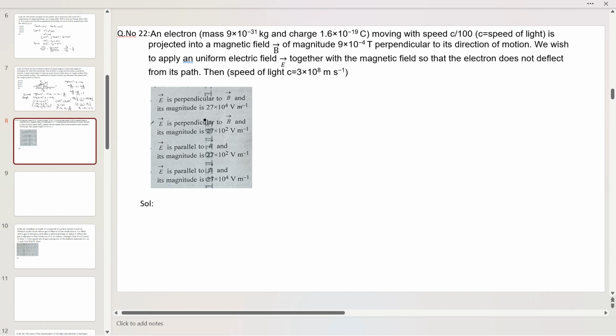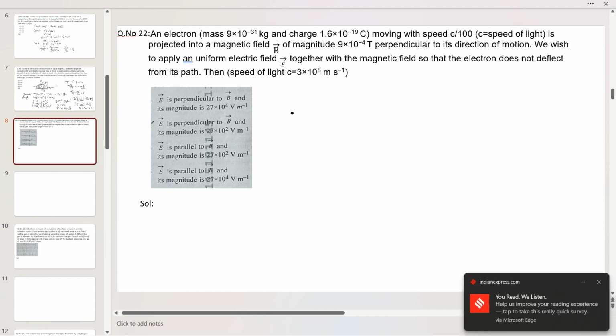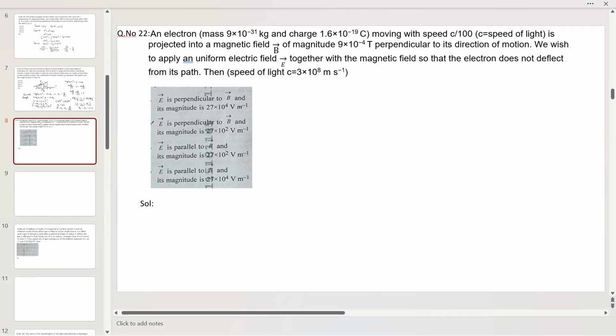First of all I am going to find the electric field. Here v is equal to electric field by magnetic field.